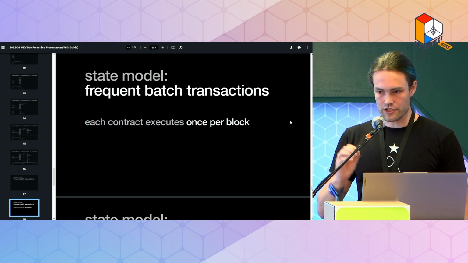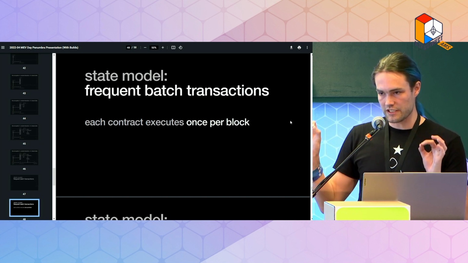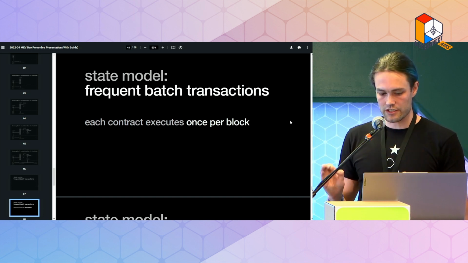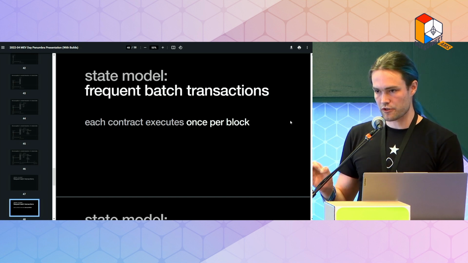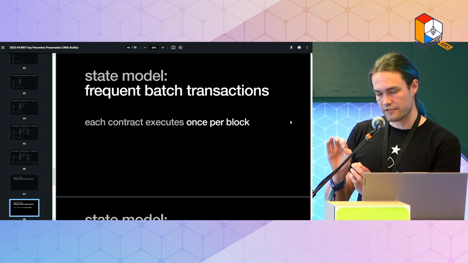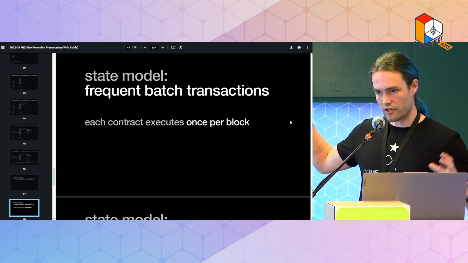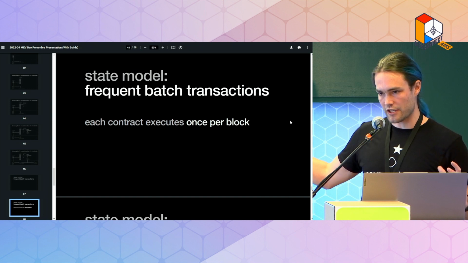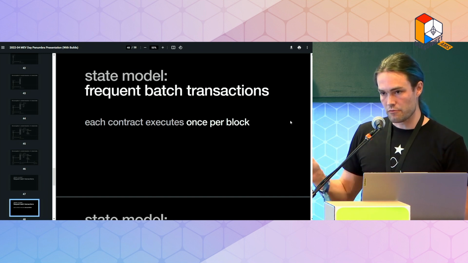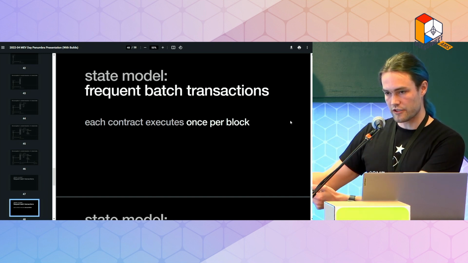So each smart contract or piece of application logic is going to execute exactly once per block, but instead of taking every individual transaction, it's going to process all of the inputs in one batch. And it could do whatever it wants with those, but it has to process all of them at once.